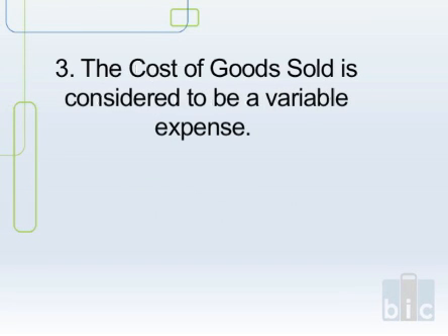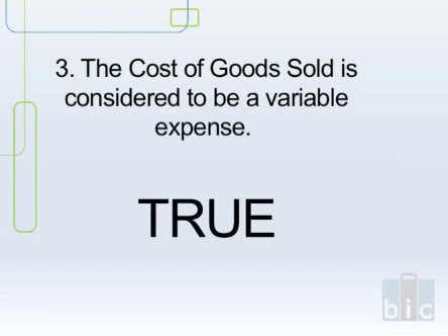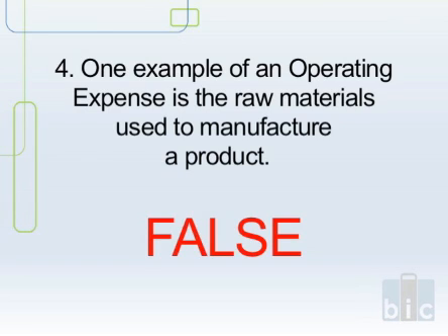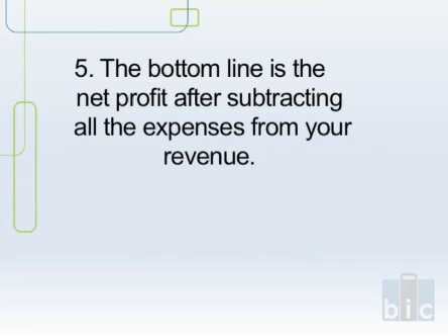The cost of goods sold is considered to be a variable expense. One example of an operating expense is the raw materials used to manufacture a product. The bottom line is the net profit after subtracting all the expenses from your revenue.